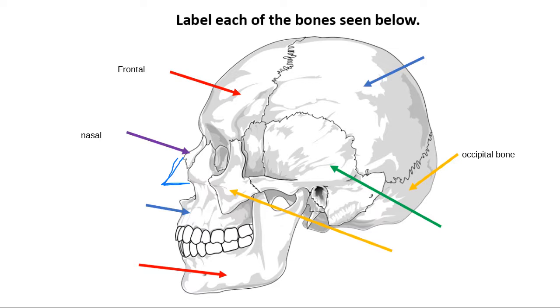Between the frontal bone and the occipital bone, with my blue arrow up there, do we remember what that bone is called? The big one, yep, the big one on the sides of your skull is called the parietal bone.